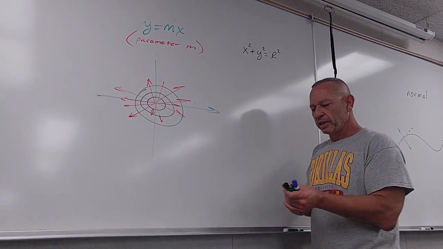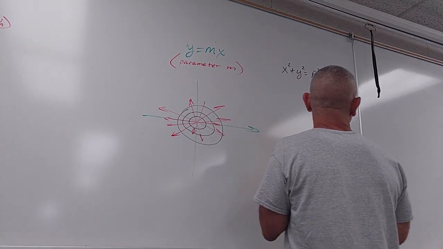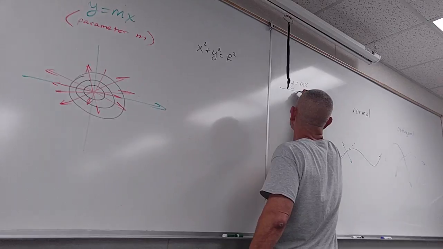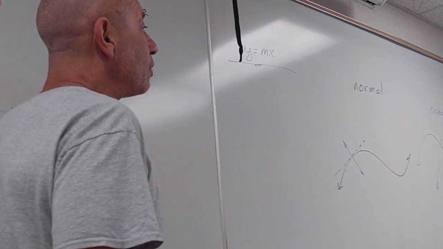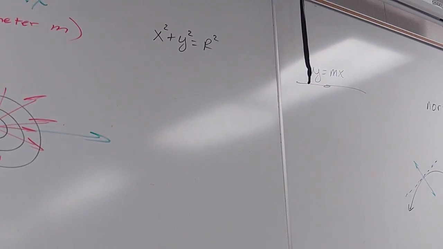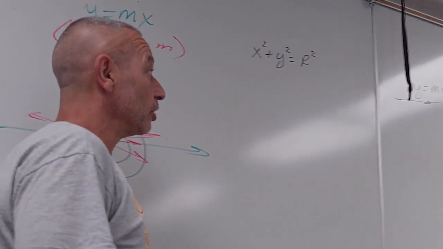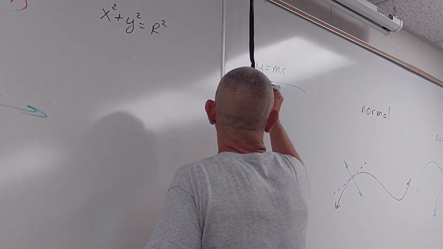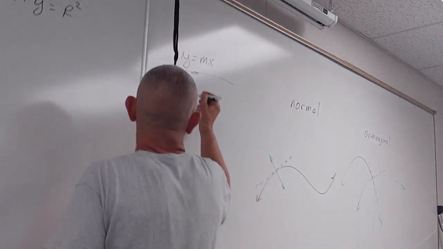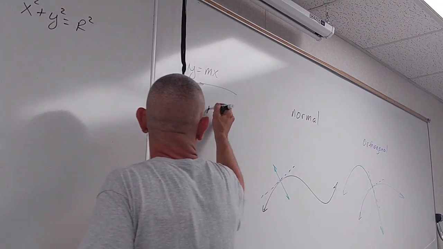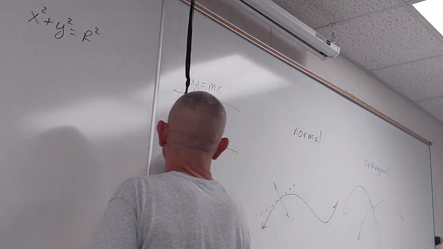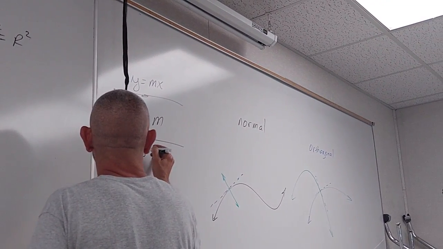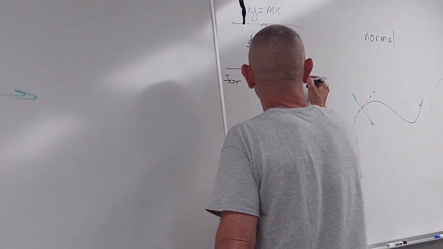So let's take the family of curves y equals mx and find its orthogonal trajectories. Well, what I want is a set of curves that has a negative reciprocal slope to that. All right, so in other words, what's dy/dx here? So for the orthogonal family, or for orthogonality, there's a fancy word.